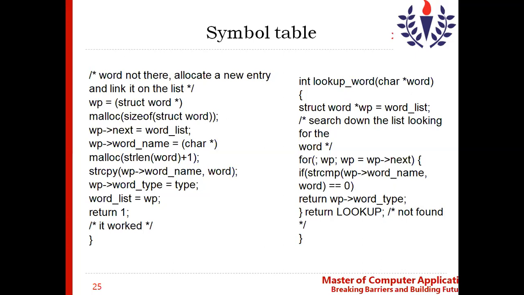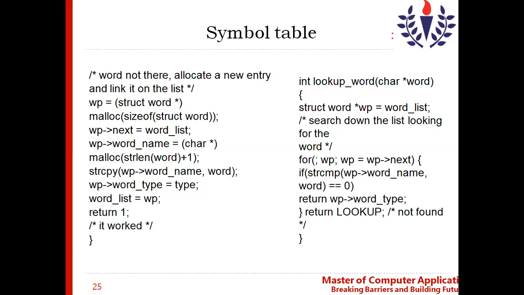Left hand side will be the add part and the right hand side will be the searching part. When you are adding to the linked list, you keep on adding at the end. If you have three nodes, at the end of the third node, you will be adding the new node. So this is what keeps happening. So in the add word function, you are adding the node to the linked list.